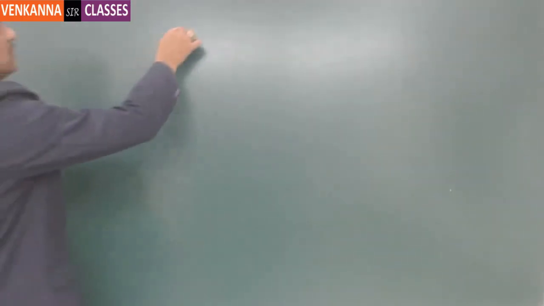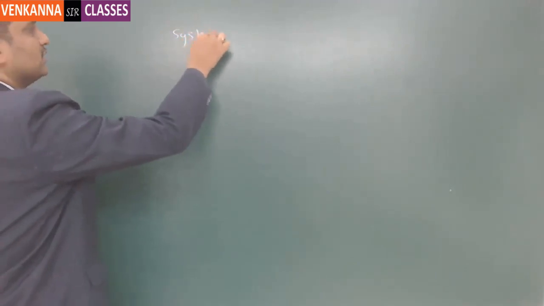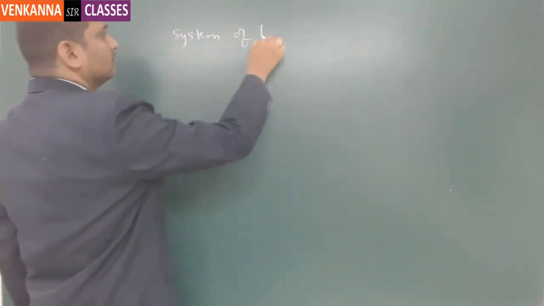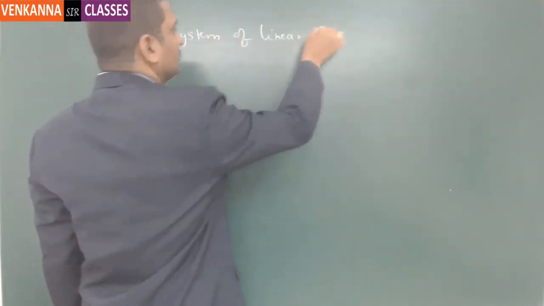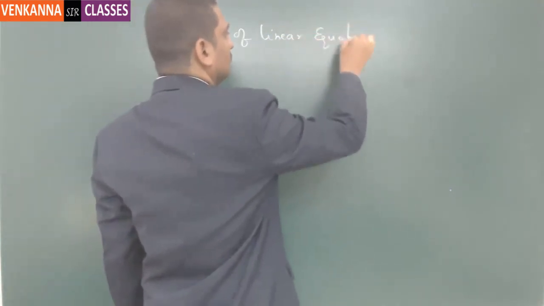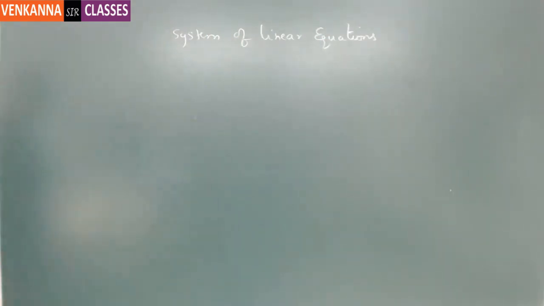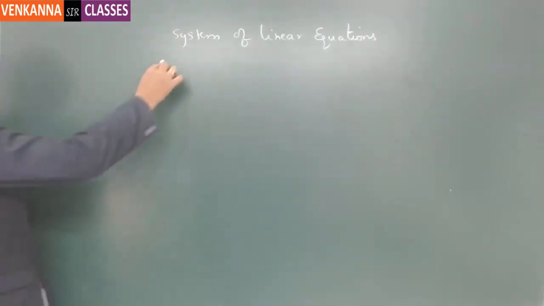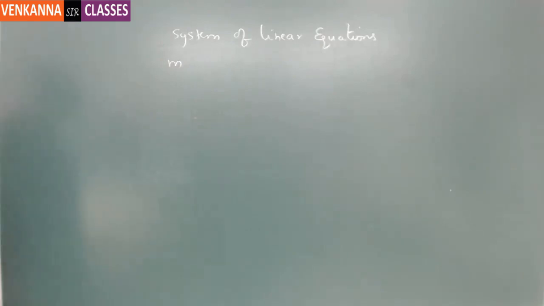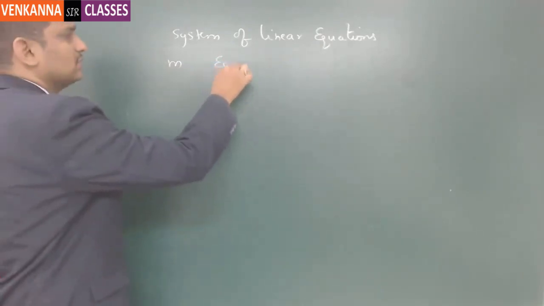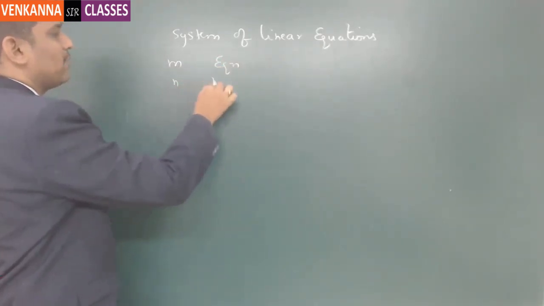So coming to system of linear equations, suppose we have m number of equations and n number of variables.